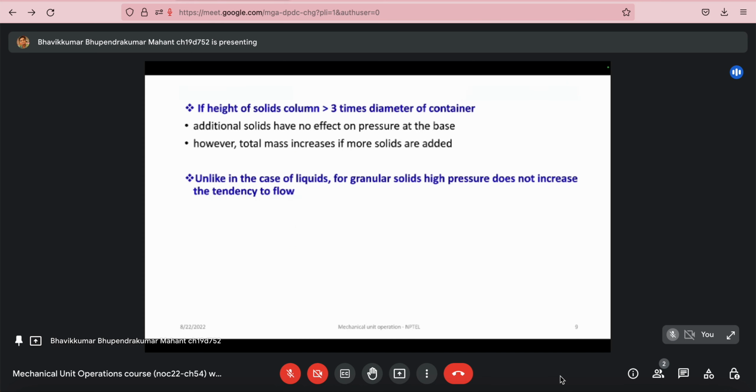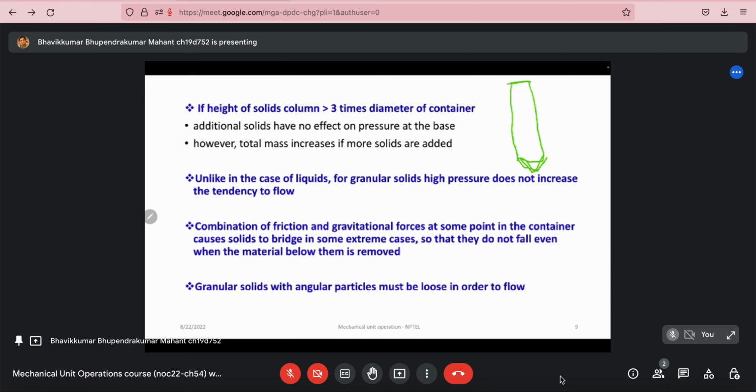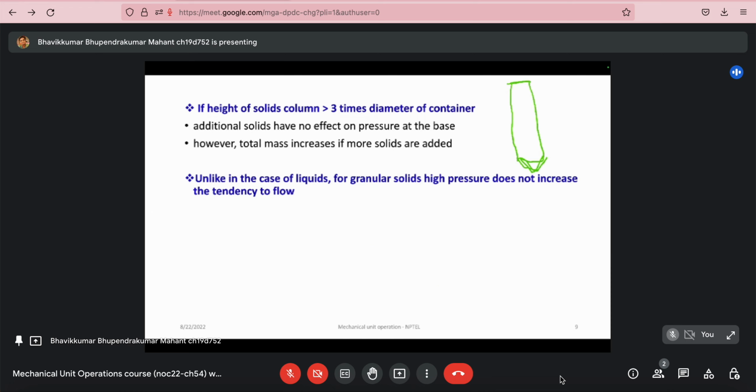Now, if the height of a solid column is greater than 3 times the diameter of the container, then additional solid has no effect on pressure at the base.